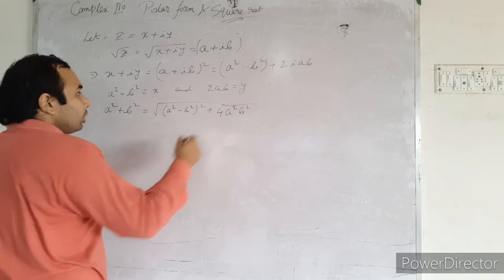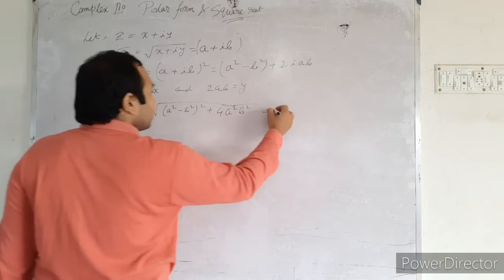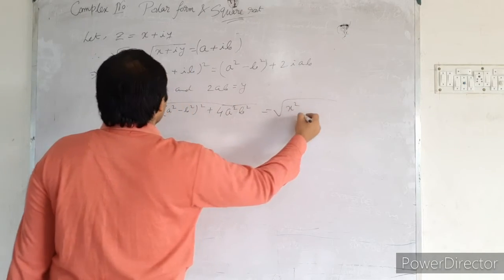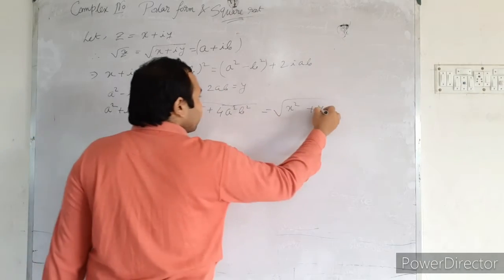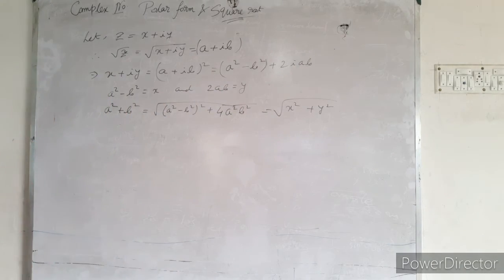So a square plus b square is root over x square plus (2ab) whole square, that means root over x square plus y square.